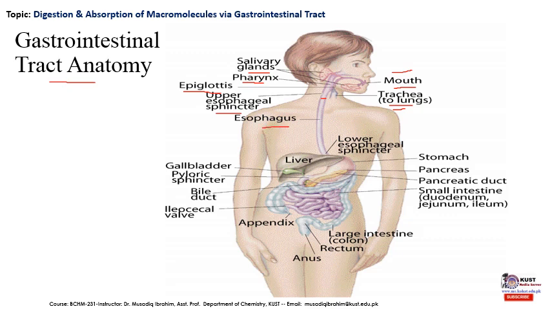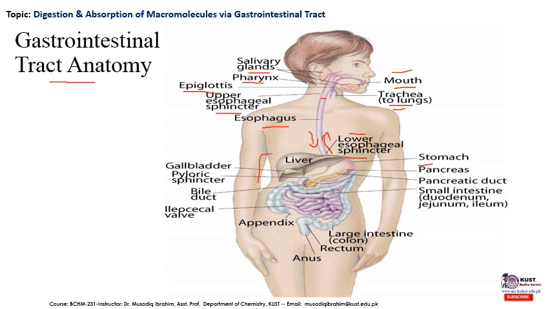And then before entering the stomach, you have the lower esophageal sphincter, which regulates the amount of food entering the stomach, as well as preventing the reflux of food from the stomach into the esophagus.